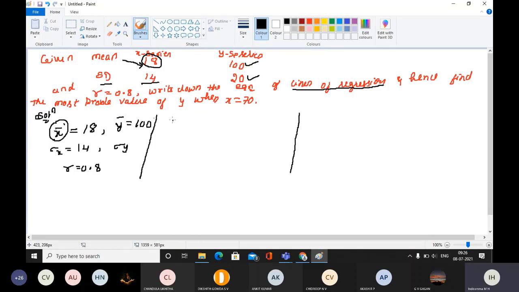We used it in the previous problem. What is the formula to find the regression line?